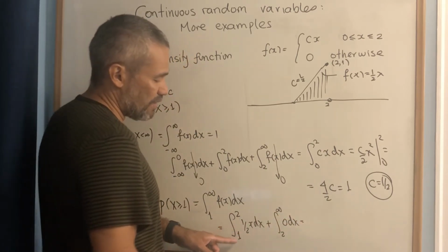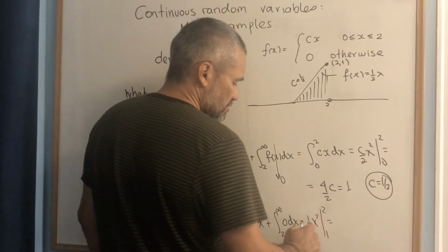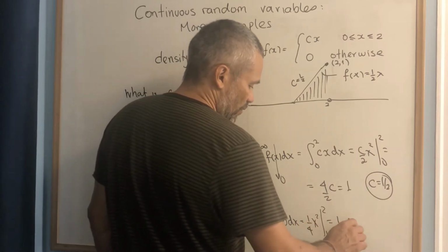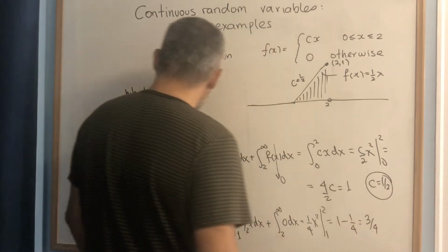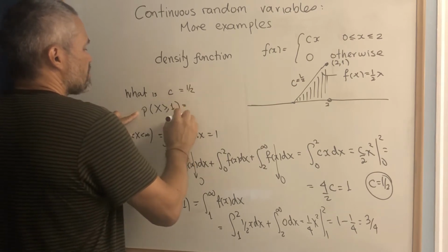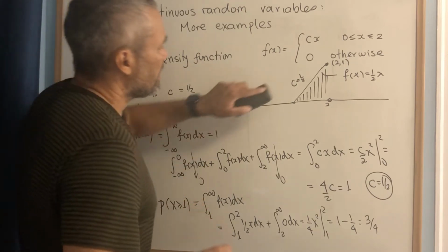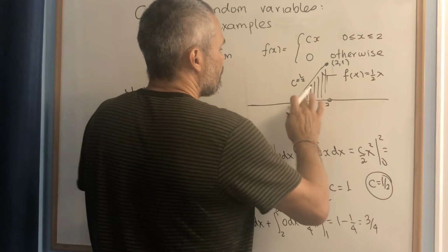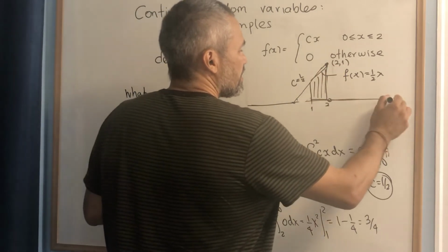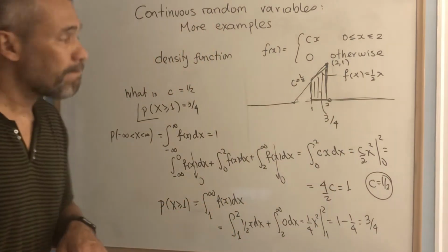So this is just the integral of 1/2 of x, which is 1/4 of x squared between 1 and 2. 2 squared is 4 divided by 4 is 1, minus 1/4, and then this probability is 3/4. What is c? c is 1/2. What is this probability? This probability is 3/4. The interpretation for this probability is the area under the graph from 1 to infinity. There is no area here, but the area under the graph is 3/4.